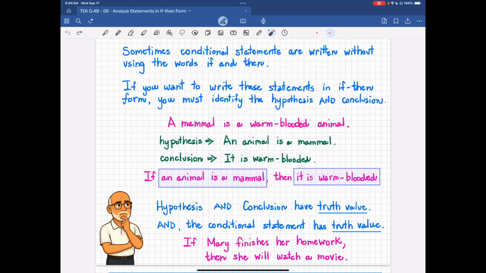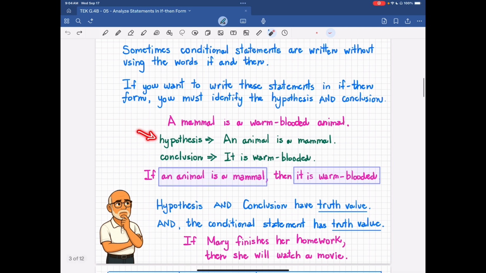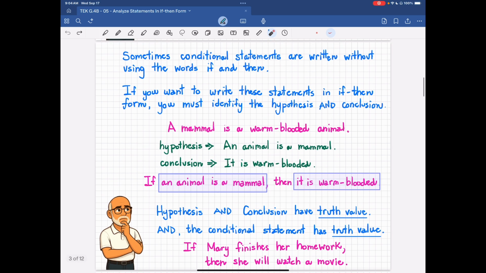So what we need to do is break this up into a hypothesis and a conclusion. So what I did was I took this statement and I said, an animal is a mammal, okay? An animal is a mammal.